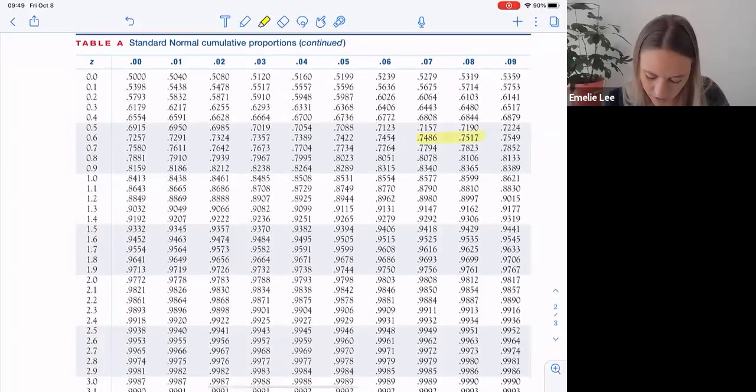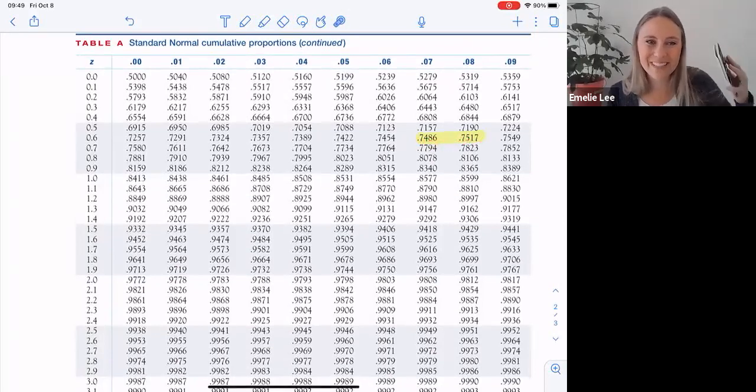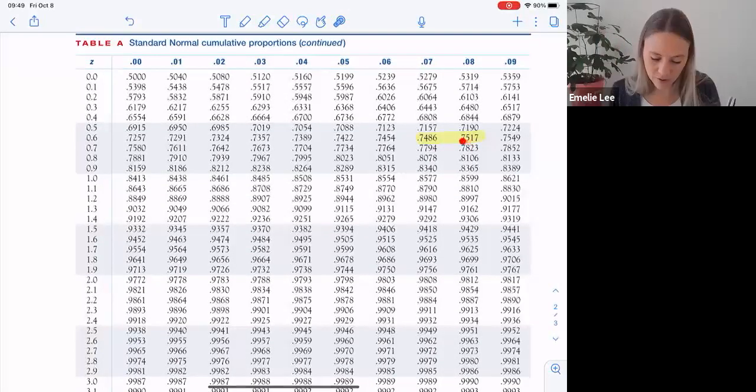And 0.75 looks like here's where I transition between 0.7486 and 0.7517, right? And I think those are my two options. So I need to figure out which one's closest. It's going to take a little bit of calculator work. How I think of this one is that it's 17 away from 0.75.